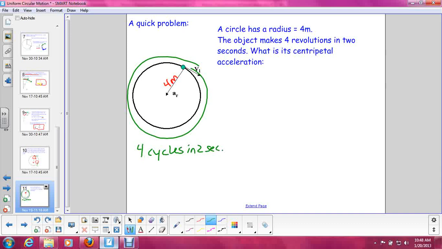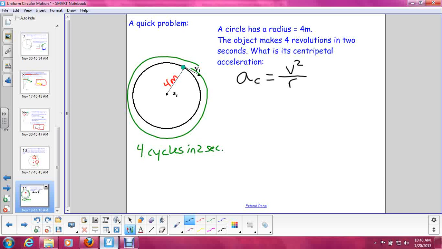What is its centripetal acceleration? Well, the first thing that we should do is write down our equation for centripetal acceleration. That way we know what we need to solve for this. So our equation for centripetal acceleration, you all wrote it down in your notes, I know, is the square of the velocity of the object divided by the radius.